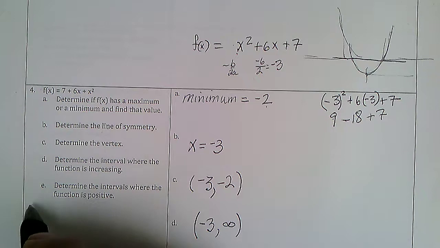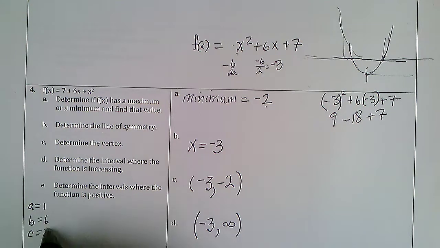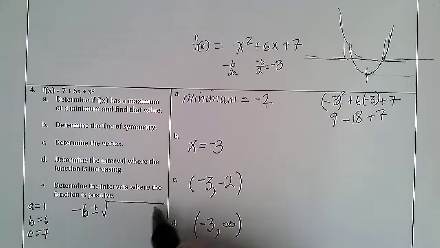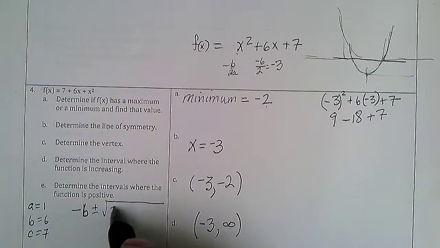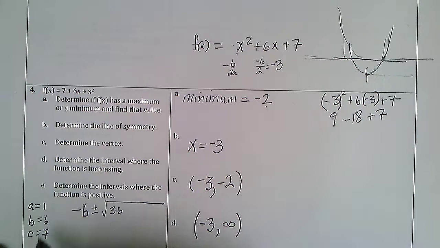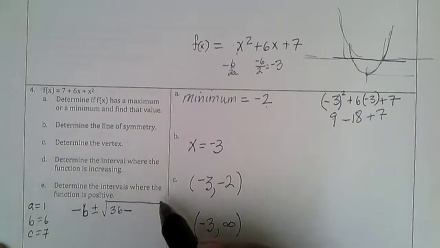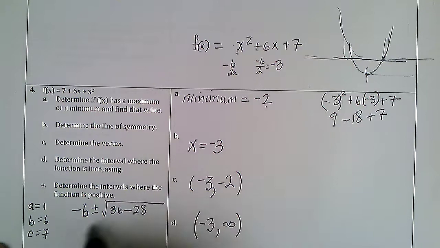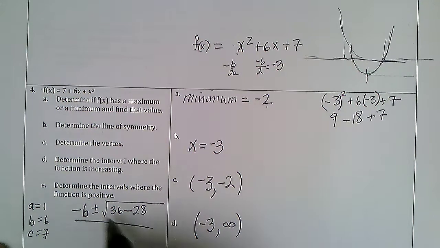A would be 1, B would be 6, and C would be 7. X equals the opposite of B, opposite of 6, plus or minus the square root of b squared, so that's 36, and then minus 4 times a 1 times a 7. So it's minus 4 times 1 is 4 times 7 is 28, all over 2 times 1 is 2.